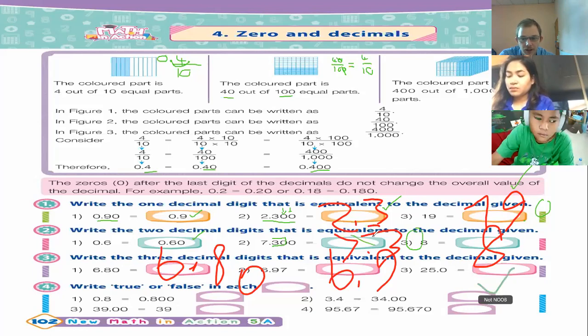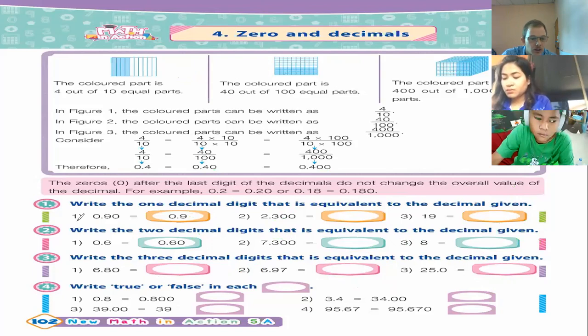So this one is incorrect. This one, 8.00, will be correct. So 1 decimal place, 1. 2 decimal digits, 2.